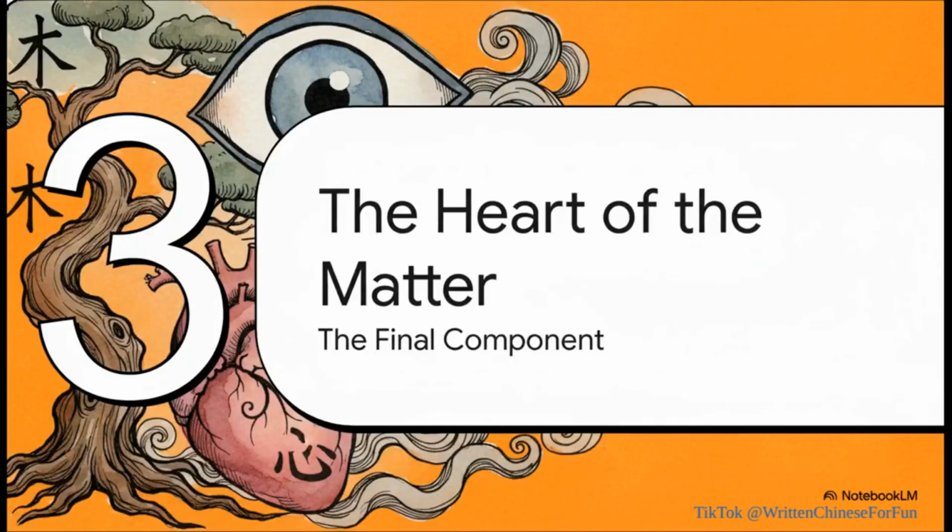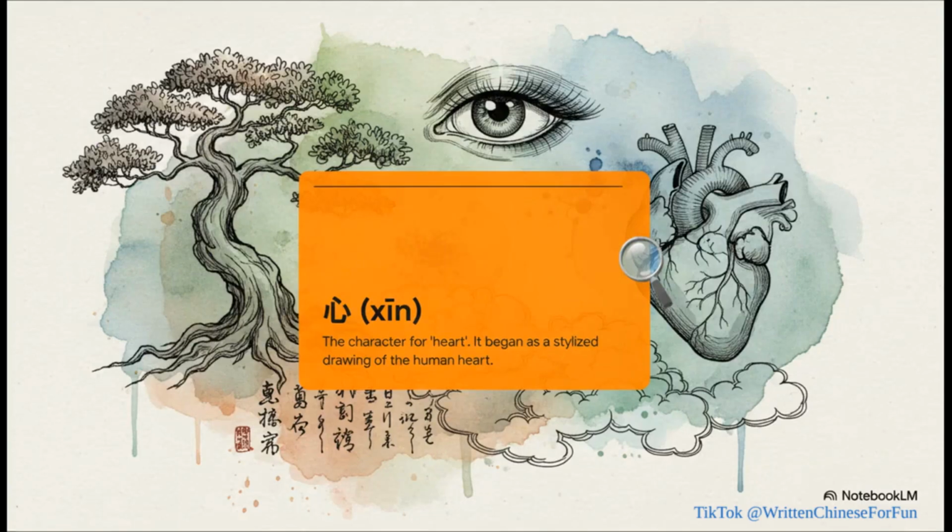Okay, we're getting so close. We have a picture of reality, and we have an observation of it, a relationship. But that's still just raw data. To turn that perception into a real, genuine thought, we need one last, absolutely vital piece. It's time to get to the heart of the matter. This is xin, the character for heart.